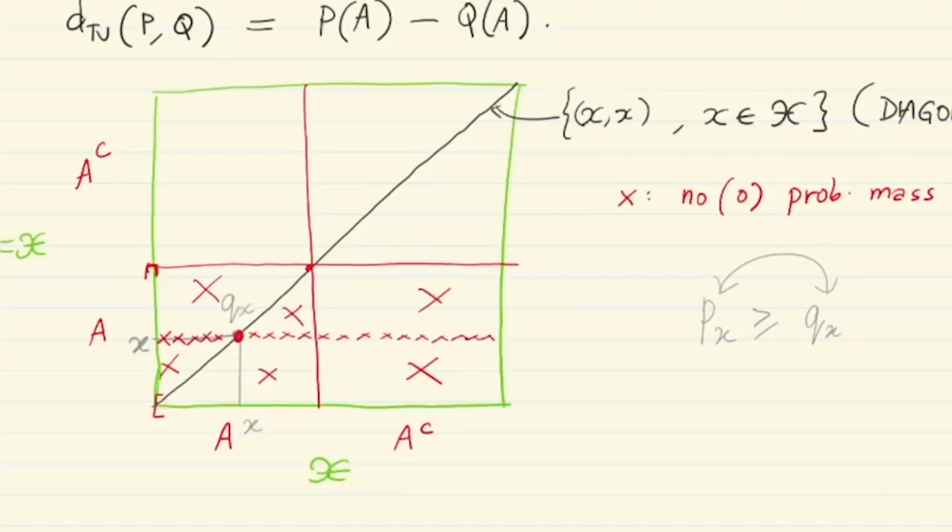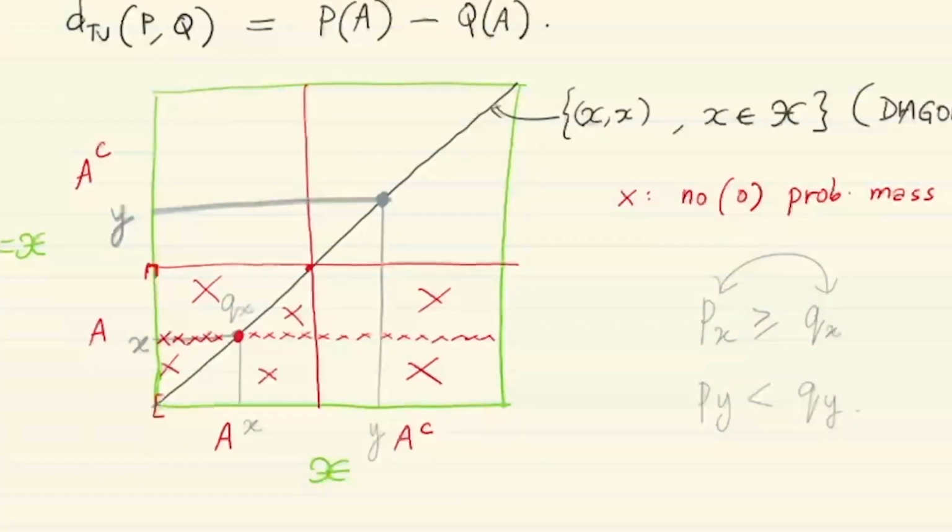By the same token, one can also consider points x comma x with x lying in A complement. Okay, so in fact let me call this point y comma y. Take a typical y comma y on the diagonal where y lies in A complement. So here py is strictly less than qy.